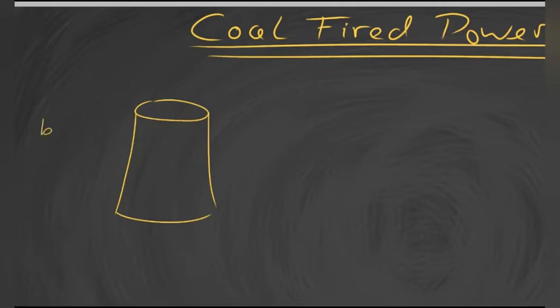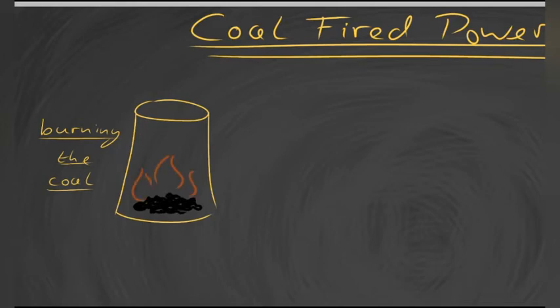So the general concept of how the energy production process works in the coal industry is to burn the coal in giant furnaces to release the chemical potential energy within the coal in order to generate thermal energy.